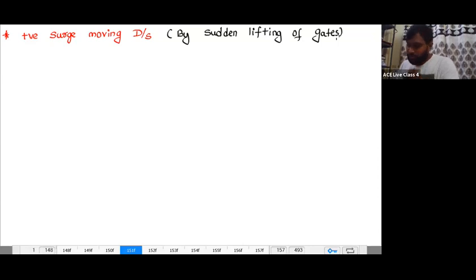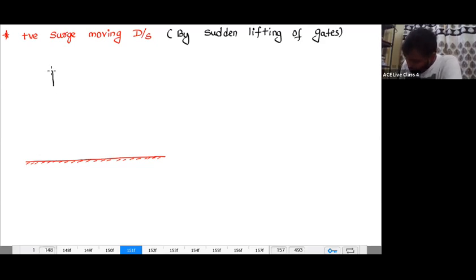So now you see, again we assume the common assumptions. The common assumption is that frictional losses are neglected. In surges also we don't consider the frictional losses, and we consider the channel bottom as horizontal. Let's see.